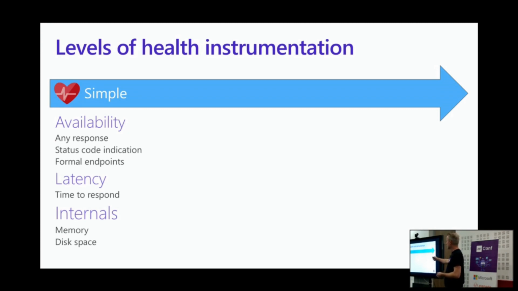Internals like memory and disk space, most tooling does that at, for example, a Kubernetes cluster level. How are each of the nodes doing? That's the hardware. But you can also do that from inside your own application. And there's already a lot of instrumentation inside a .NET application. You should have a look if you didn't before. Use the dotnet-metrics command from the command line, and then start observing an application.